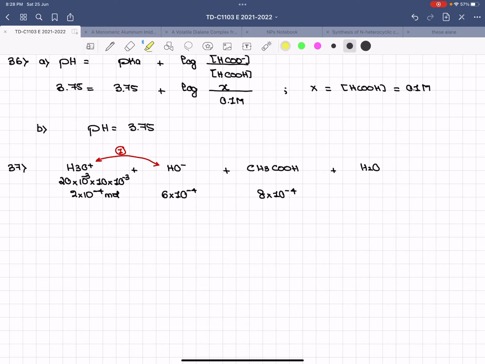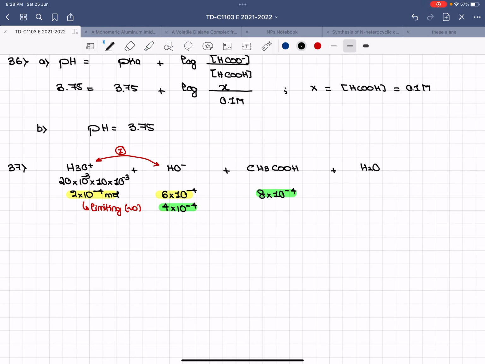The first reaction will be between H3O plus and HO minus. 2 with 6, limiting is H3O plus. This will be approximately 0, and this will yield 4 times 10 to the power negative 4. Now, you have HO minus and CH3COOH, and these two will now react.